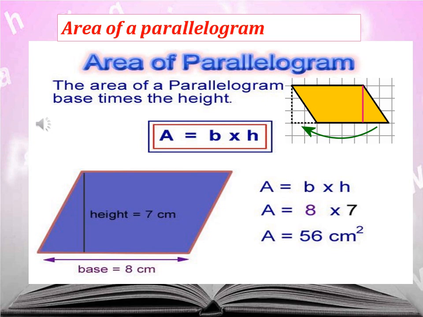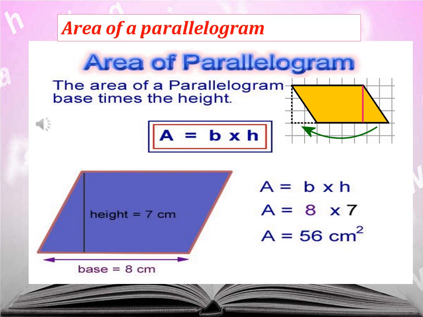For instance, in this example, the base is 8 centimeters and the height is 7 centimeters. And therefore, the area of this parallelogram is 8 times 7, which is 56 centimeters squared. Note, this comes from chopping off one of the triangles and mapping it to the other side, so that you end up with a rectangle whose area is length times width.